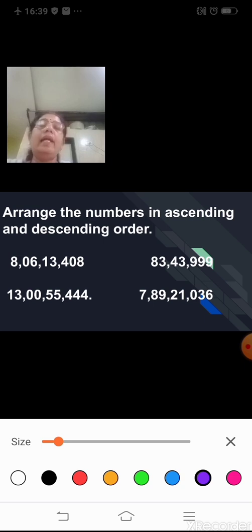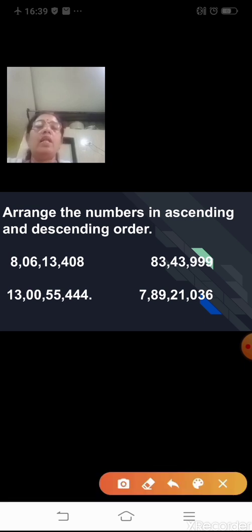This is an 8-digit number. The second number is a 7-digit number. The third number is a 9-digit number, and the fourth number, again, is an 8-digit number. So here we have two 8-digit numbers, one 7-digit number, and the third one is a 9-digit number.